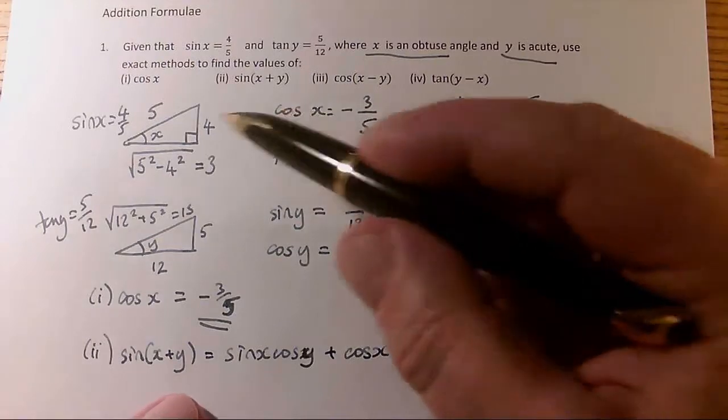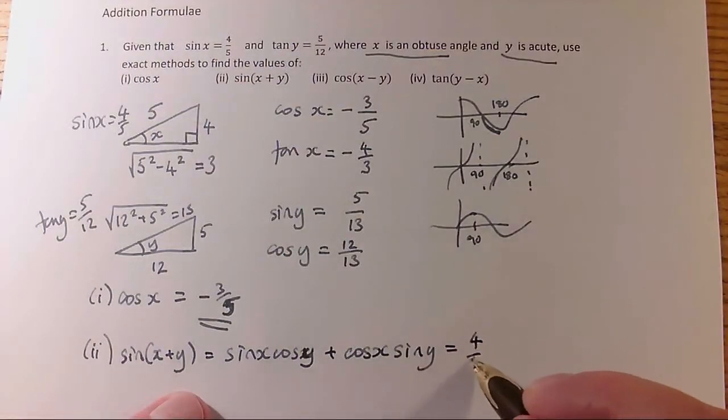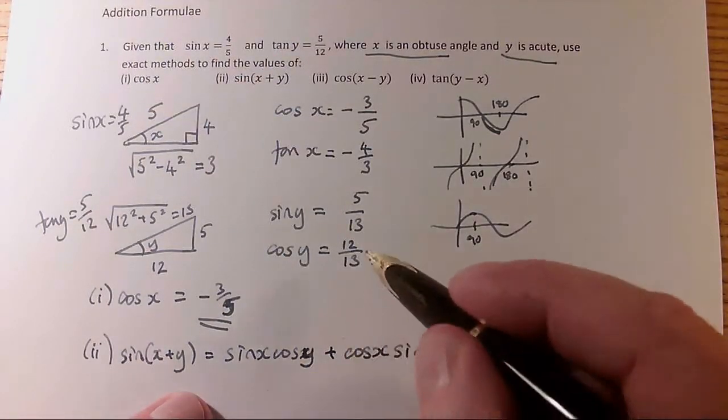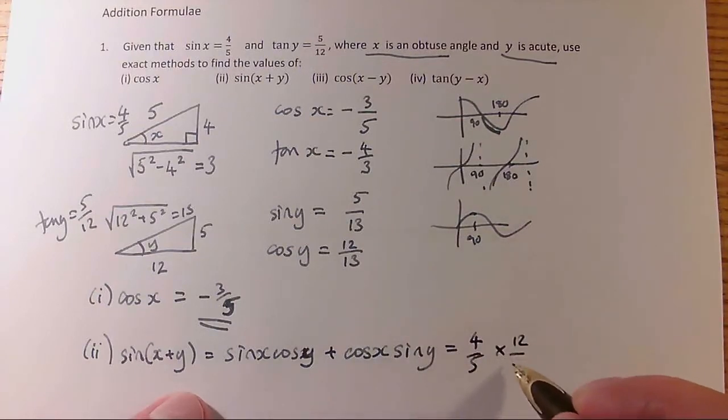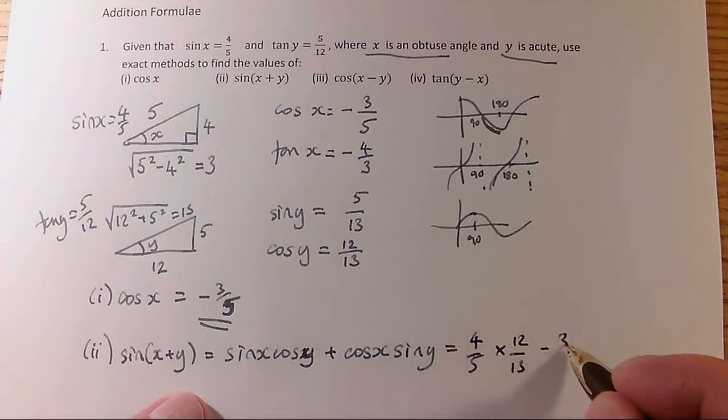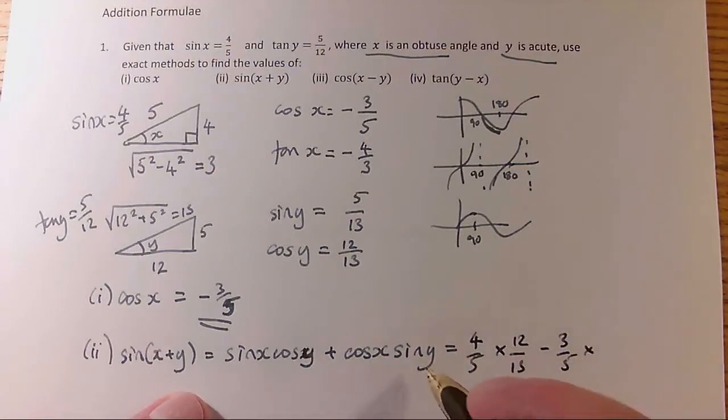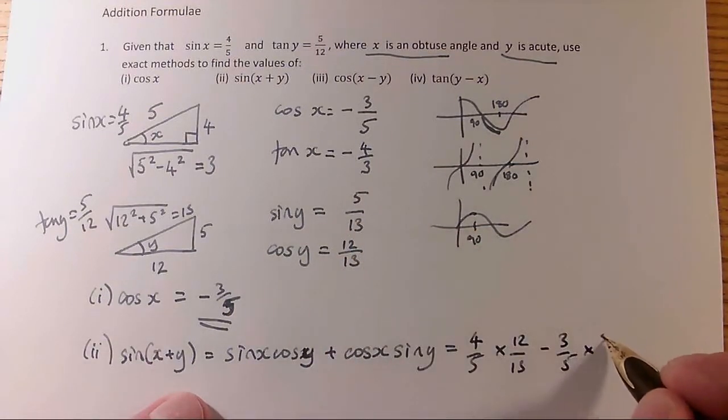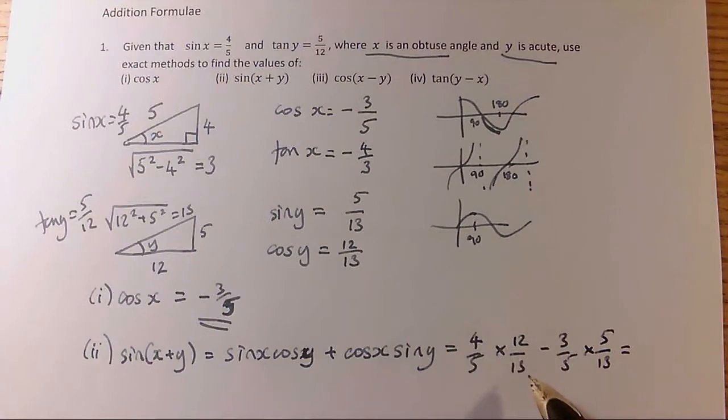I've got sine of x is 4/5 times cos of y is 12/13. And then I need plus cos of x, so that's minus 3/5 times sine of y, which is 5/13. So there's a common denominator here already of 65. So this is 48 minus 15, which is 33 over 65, which is the answer we need.